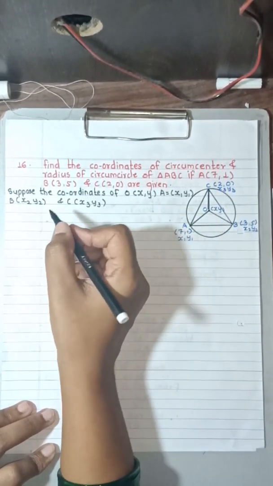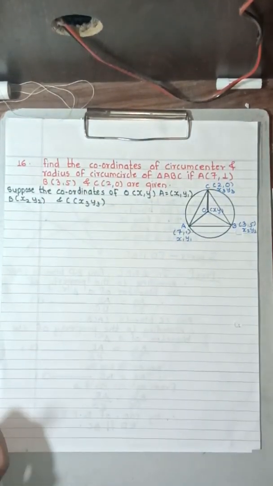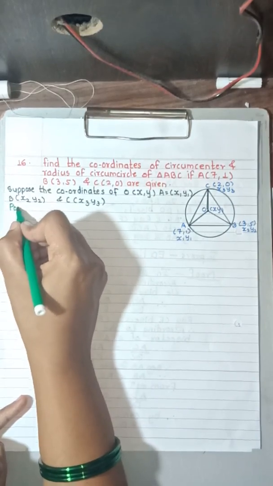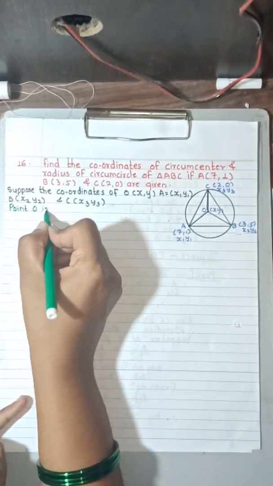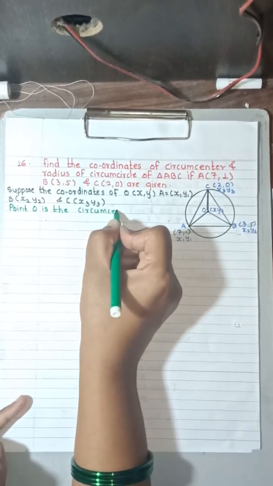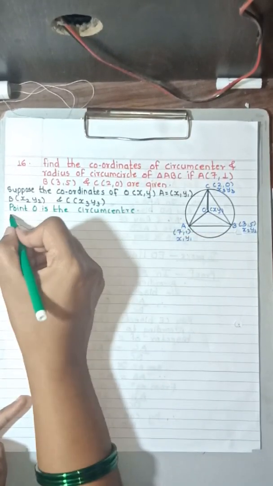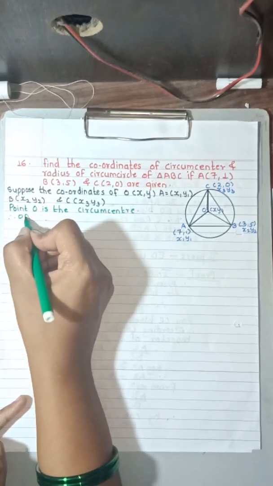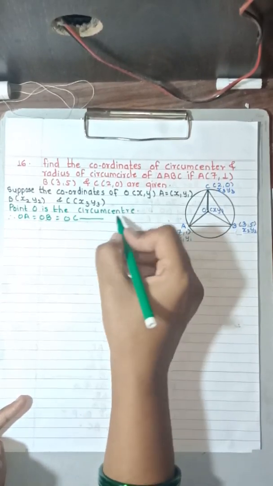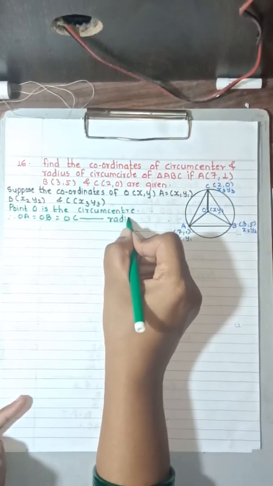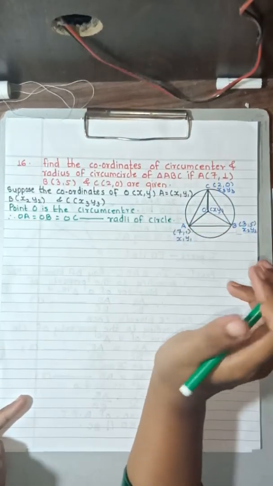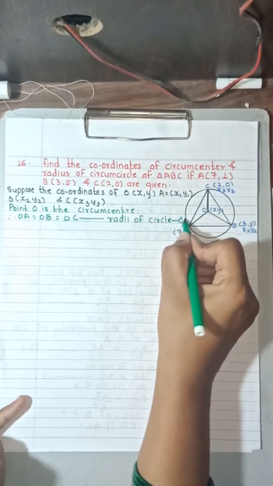Now point O is the circumcenter. As it is circumcenter, therefore OA will be equal to OB, it will be equal to OC, and you can write down here radii of the circle, and put it as equation 1.